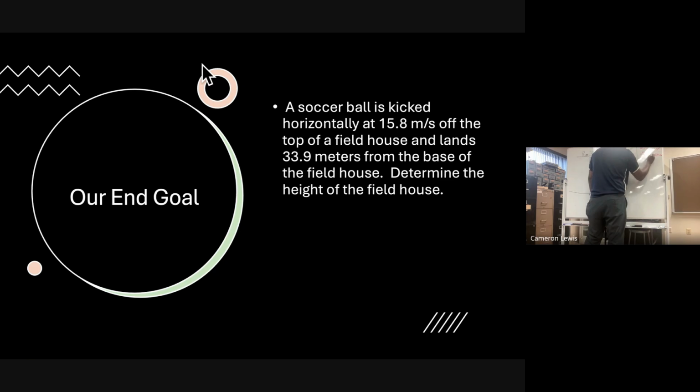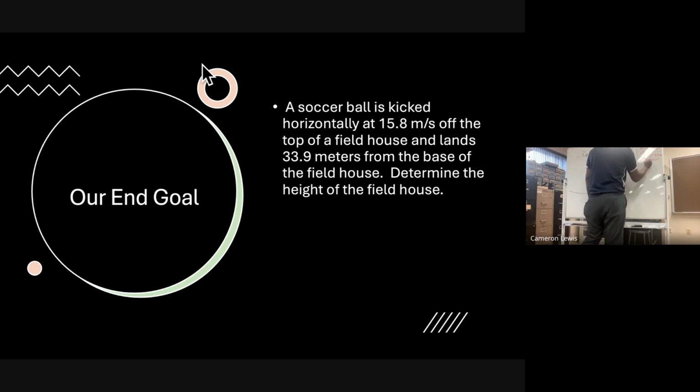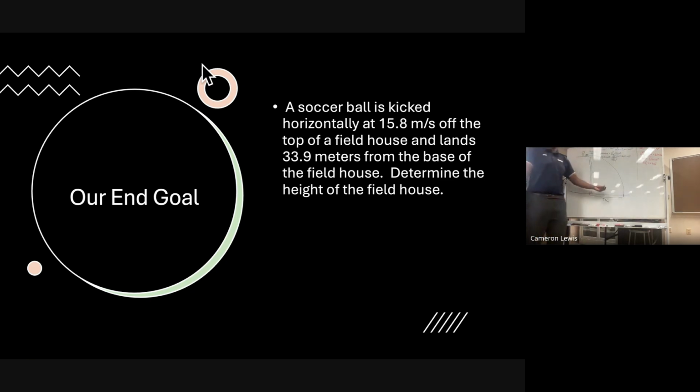This part becomes 0, and I have 1/2 times 9.8 times t squared. What's half of 9.8? 4.9. Does this look familiar? We just did this, right?